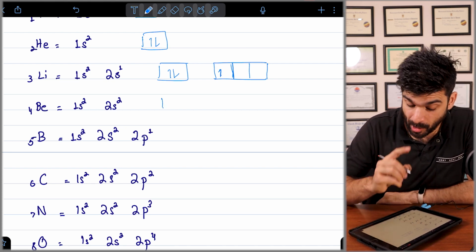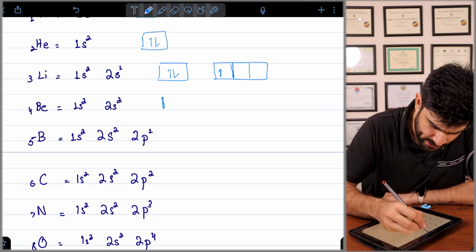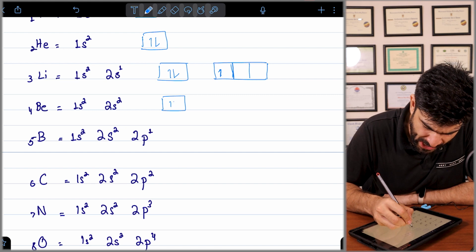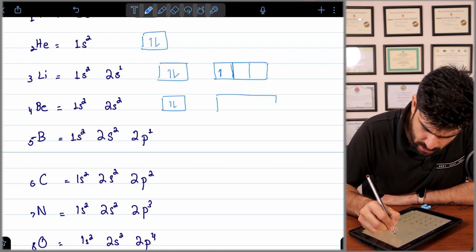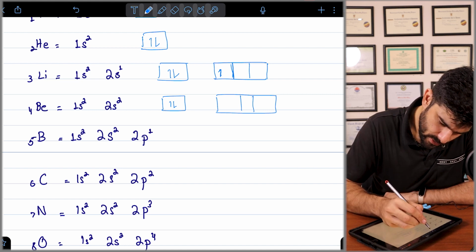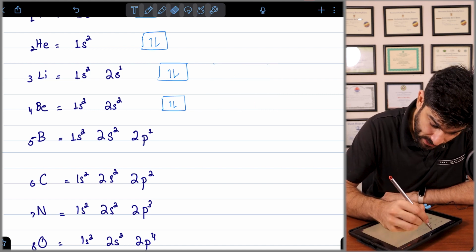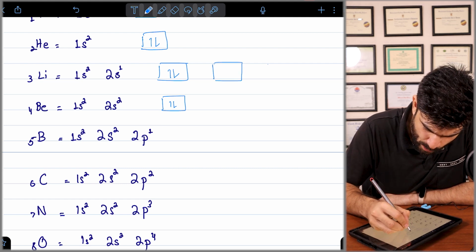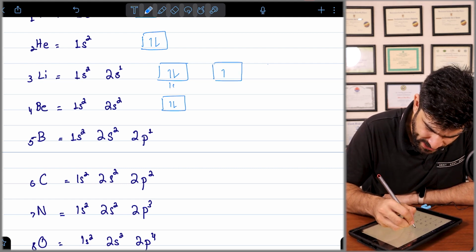Now this is an important part. Just note it. Be awake. So for beryllium, we have 2 electrons. Now we have the p orbital. Sorry, I did not notice it. Let me do it again. So till now we are at 2s. This is 1s.